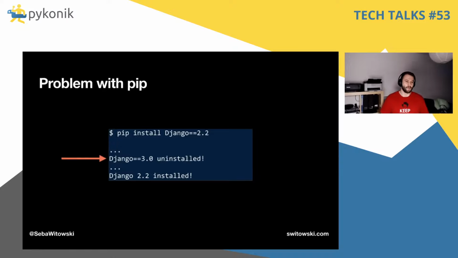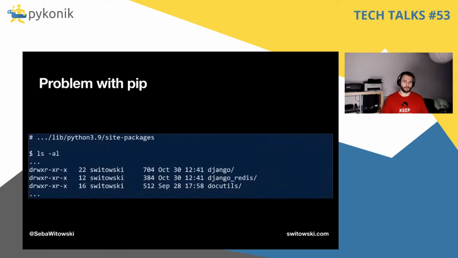Where did it go? Well, when we told pip to install Django 2.2, pip first checked if we already have Django installed. And we did, but it was not version 2.2. So pip uninstalled this version and installed the correct one. We just ran into a problem with dependencies management.